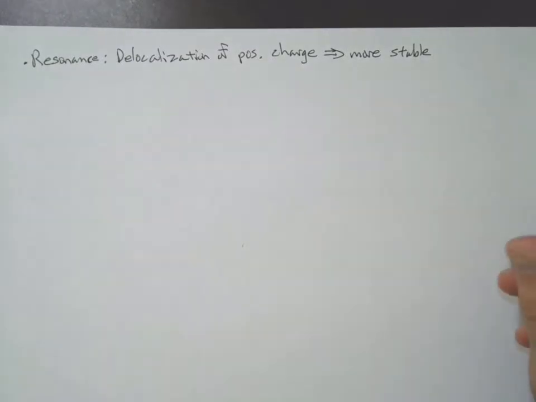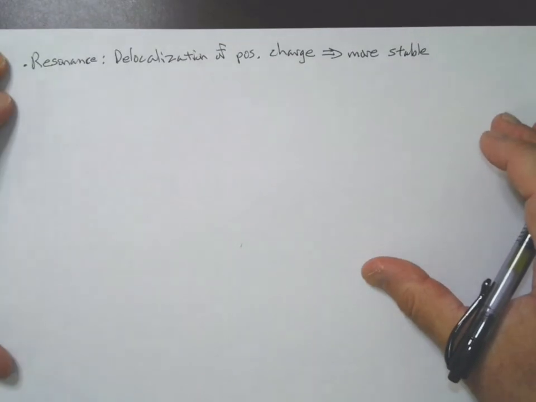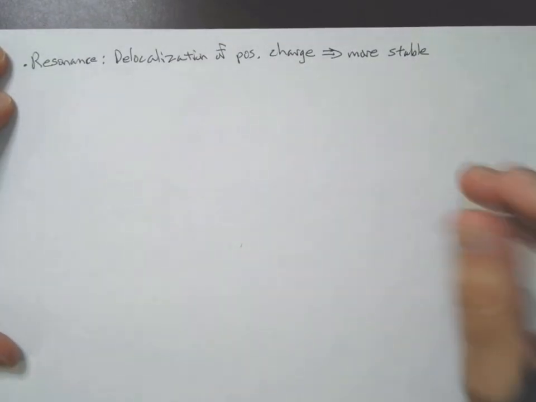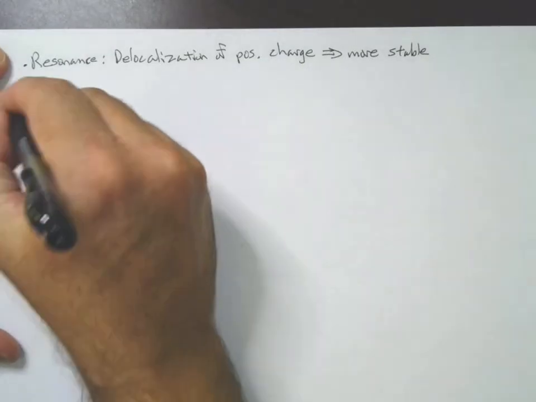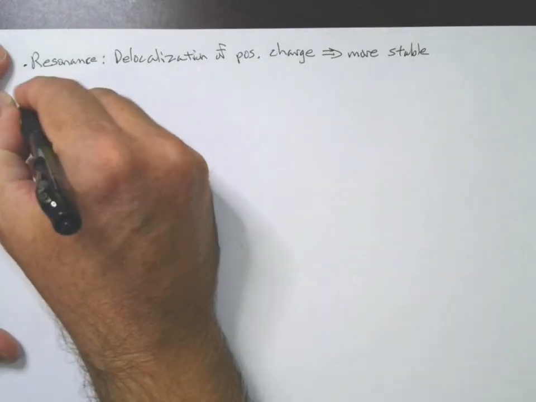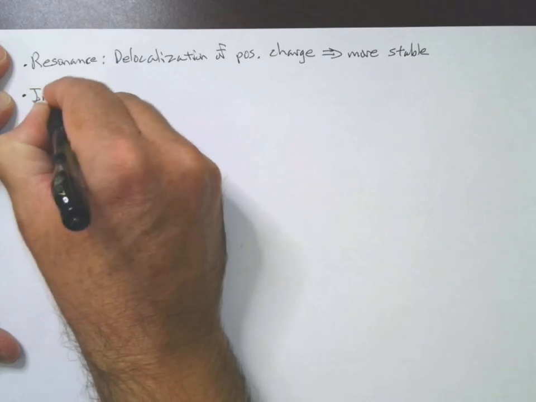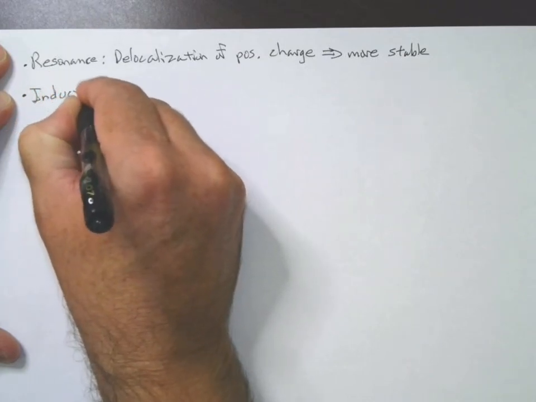I won't give you an example of this because it's essentially the same idea, except this time we've got a positive charge spread out over more of the molecule. And then we have induction.